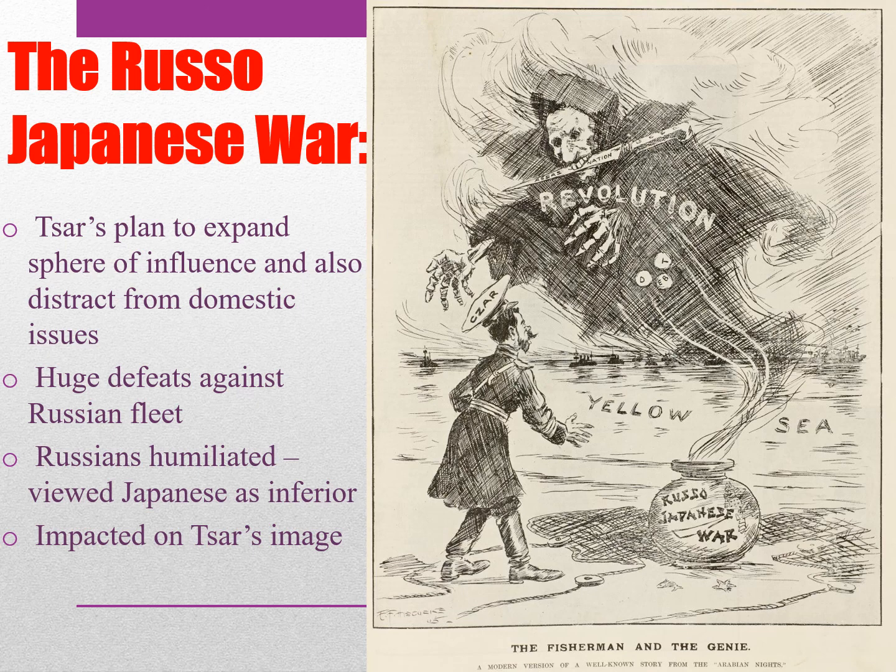He planned to attack Japan and ultimately try to expand his sphere of influence, but it didn't actually work out the way he had planned, because they were more or less hammered by the Japanese navy. Huge defeats against the Russian fleet, very, very bad. Japan was viewed as inferior, so Russia was utterly humiliated on the superpower front at that point in time, and the Tsar looked really inadequate and particularly weak, because he was obviously the one that had started this.